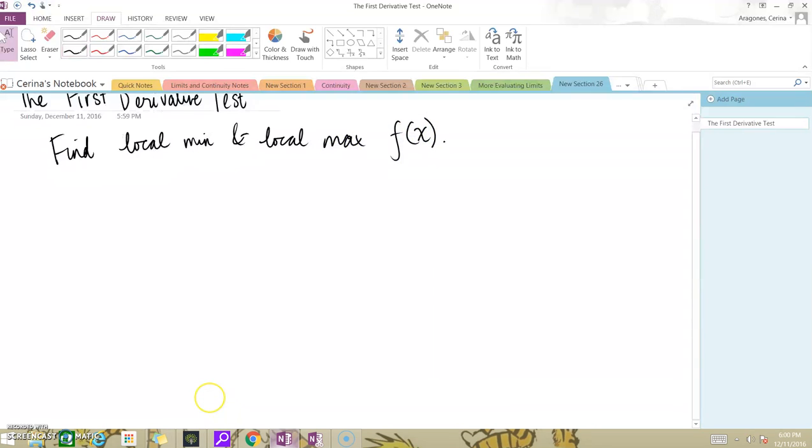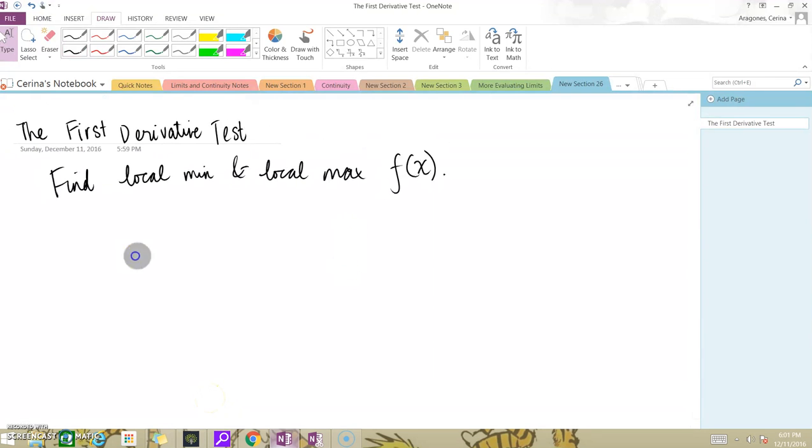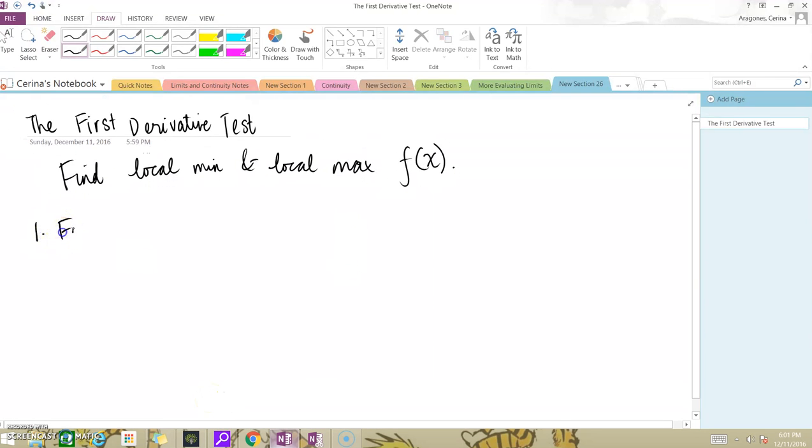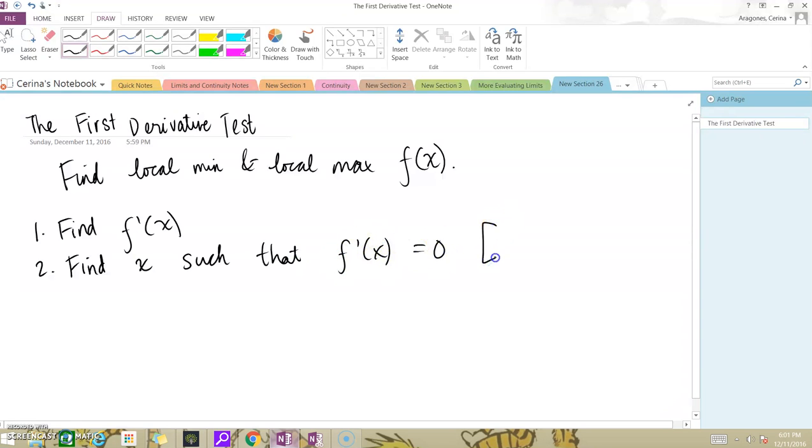So just to review, when we use the first derivative test, first we find f prime of x, then we find all x's such that your first derivative is equal to 0, because remember, that's when f prime of x switches signs, potentially.